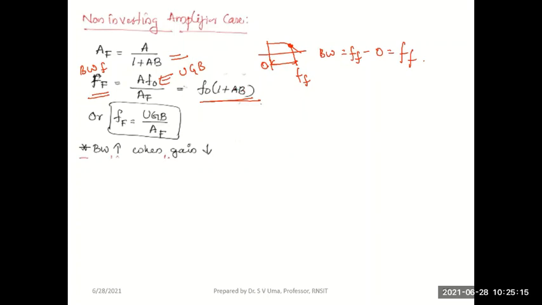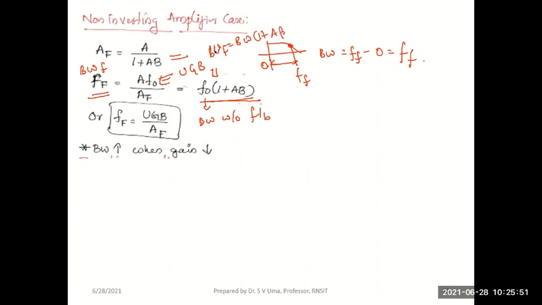And this should surely be equal to the bandwidth without feedback, F0 into 1 plus A beta. F0 represents the bandwidth without feedback, okay, and A is the gain of the op-amp amplifier and B is the gain or transfer function of the feedback network. Please remember this. I told you when something increases, it gets multiplied. The same equation I can write as bandwidth with feedback is bandwidth without feedback into 1 plus A beta.